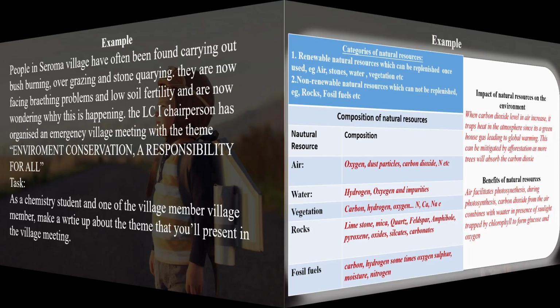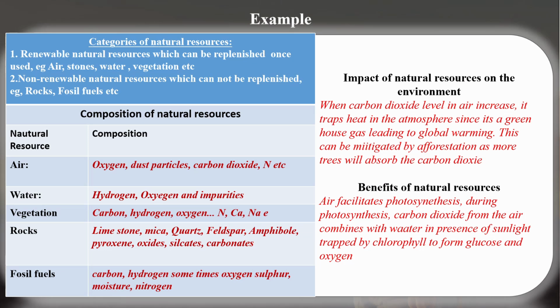What you're seeing here is just general about natural resources. So that is basically how you can respond to items in section B part 2. If I may emphasize, give a category of any one natural resource that you have identified, give a reason, and give that natural resource as an example, or you can give at least 2 or 3 natural resource examples.